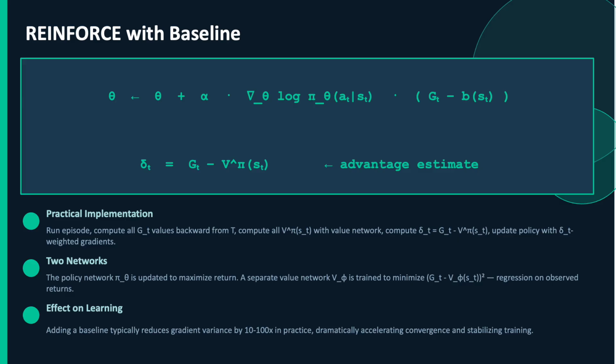The value network is updated separately by minimizing the mean squared error between V_phi of s_t and observed G_t. It is just supervised regression on the observed returns. The two updates can be interleaved or done in separate passes over the episode data. Typical results show a tenfold or greater reduction in gradient variance compared to vanilla REINFORCE, at the cost of maintaining and training the second network.